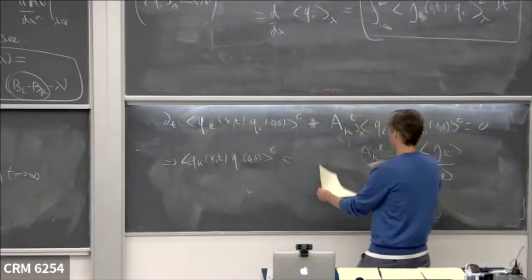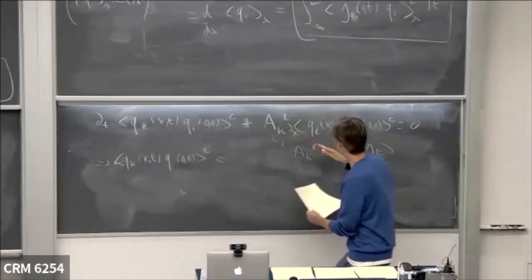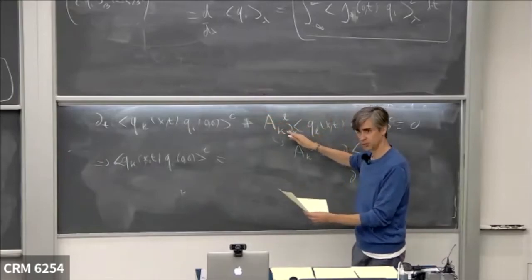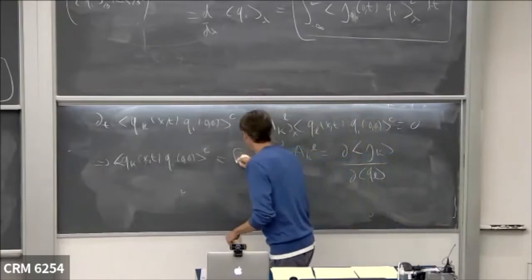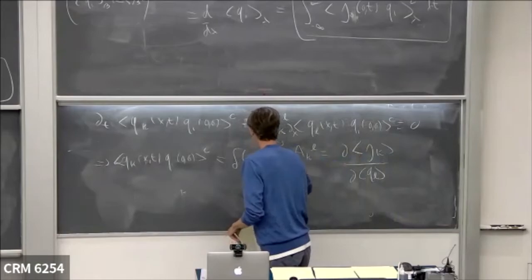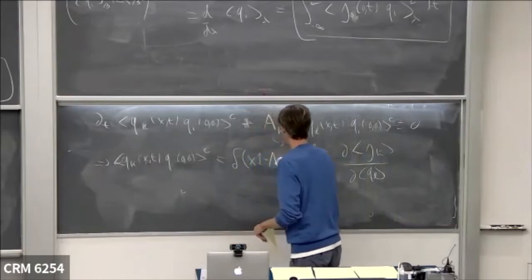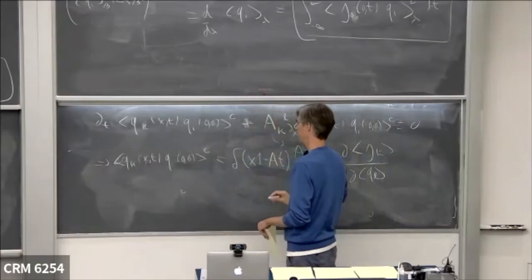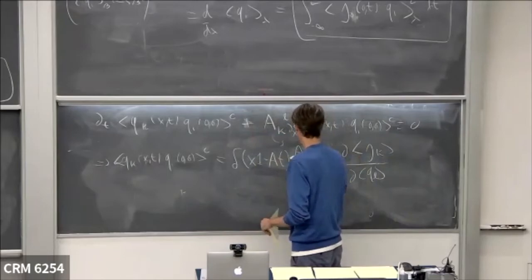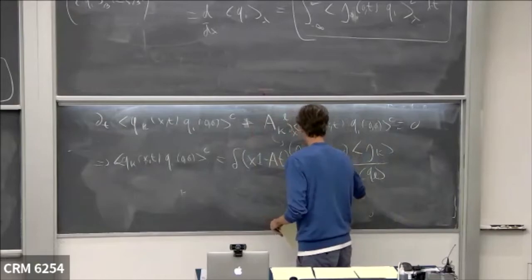It's a simple linear evolution, t proportional to x. You can write it as a delta function of x times identity minus matrix A t, times the C matrix C L I.